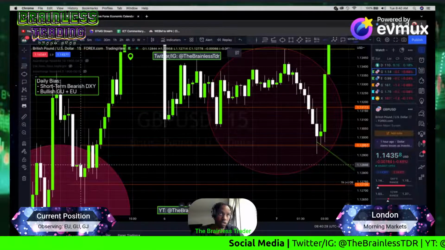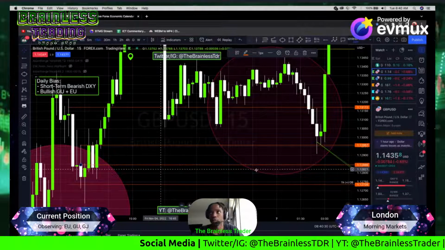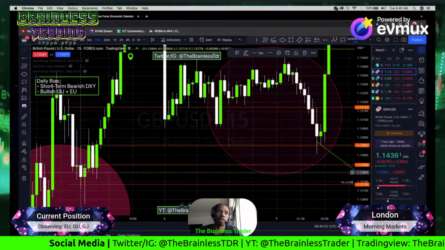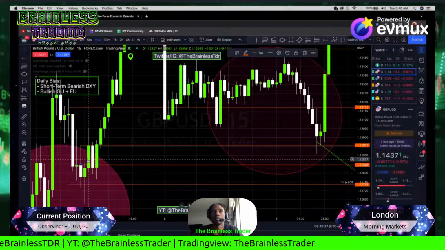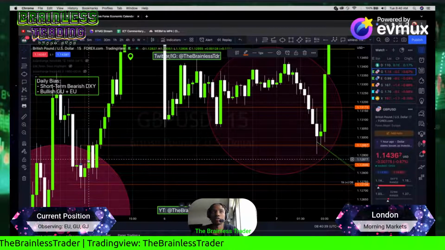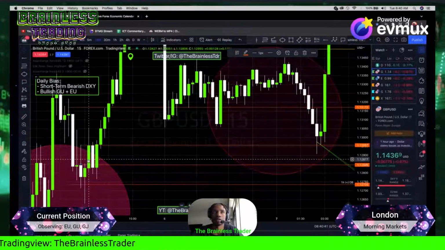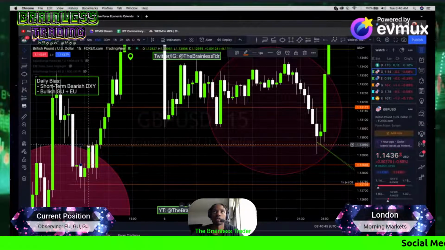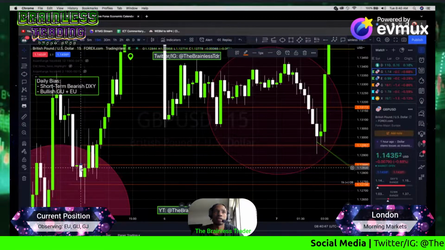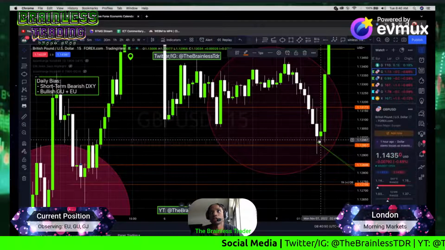This wick is pretty long, so I'll just say use the wick, because if price gets too far past that, then you don't want that. Plus we've seen with the fib that it was already at the 70, so we don't want it to go past the 79% either. So this is a lower time frame confirmation for that second leg, and you want it to be within his kill zones.